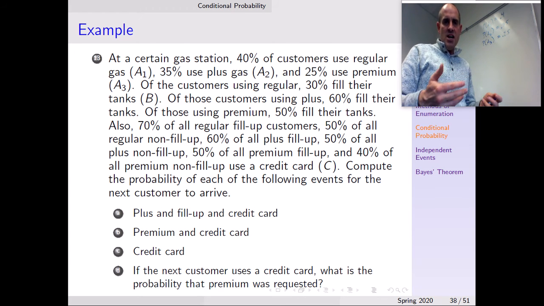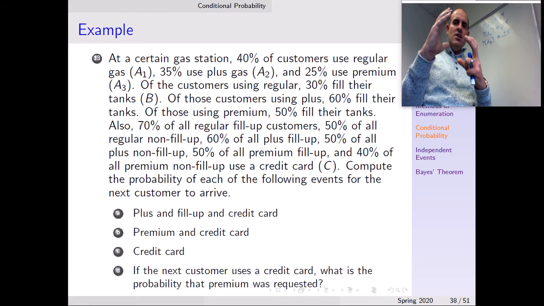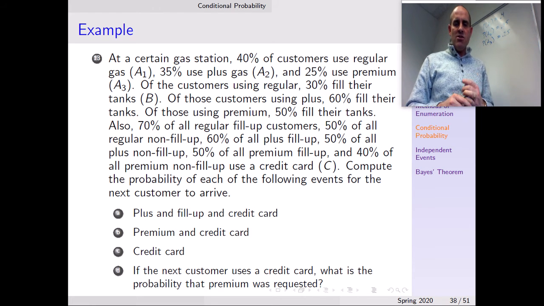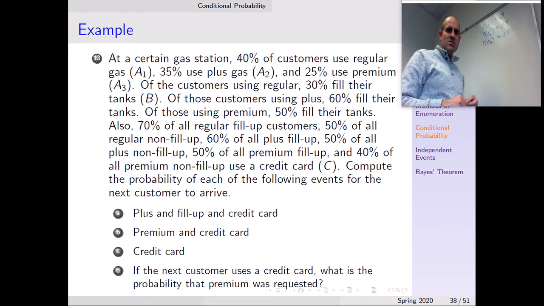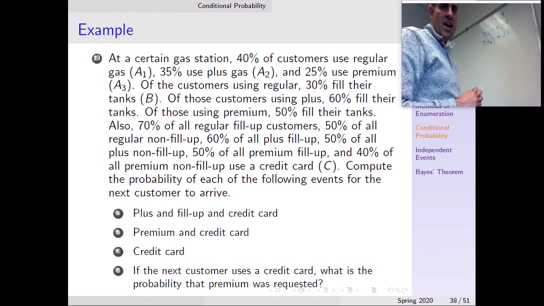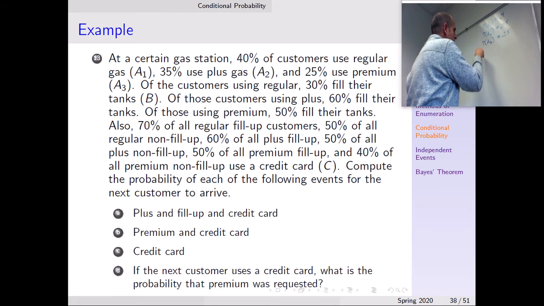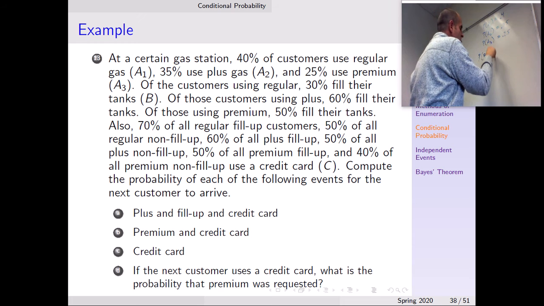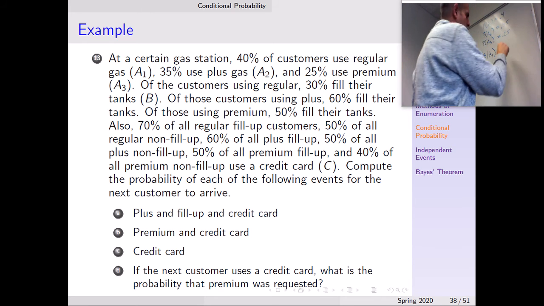It says of the customers using regular, so that means we've zoomed in on the sample space onto the subset of regular gas purchasing customers. So that sentence is saying that the probability of filling the tank, given that it's a regular gas customer, is equal to 30%.